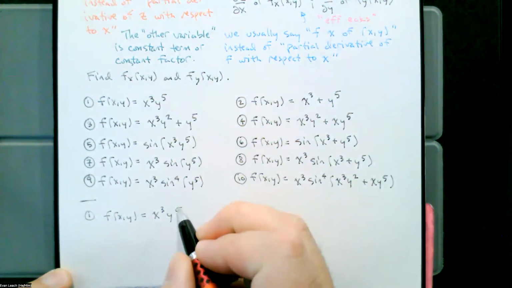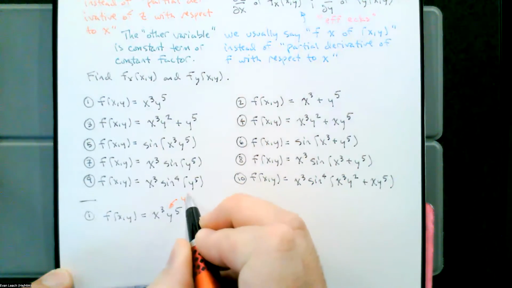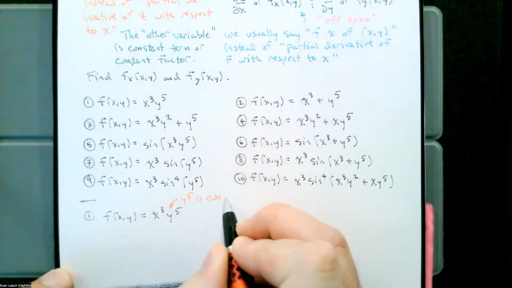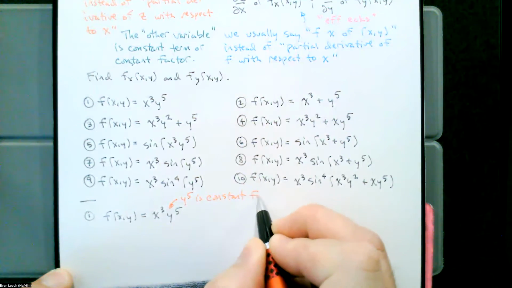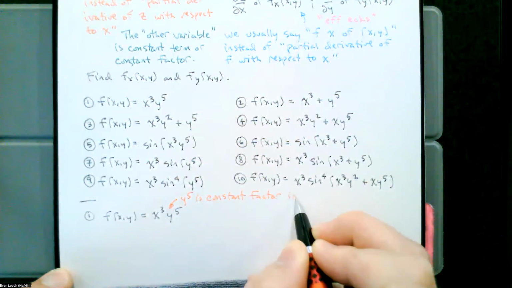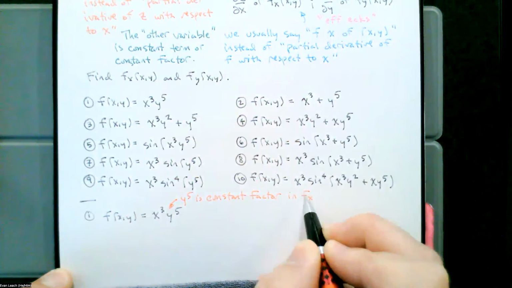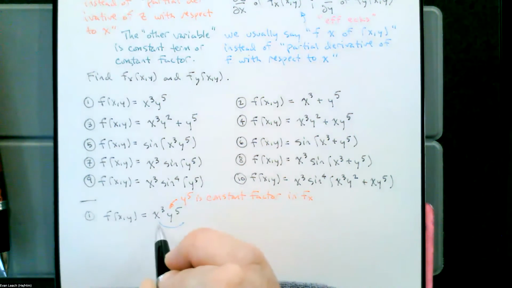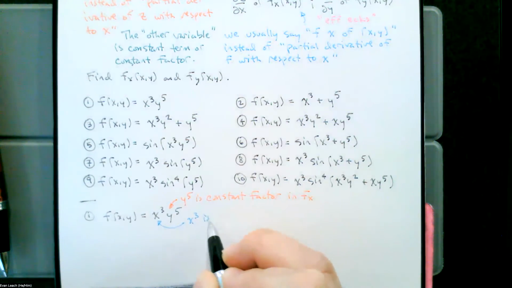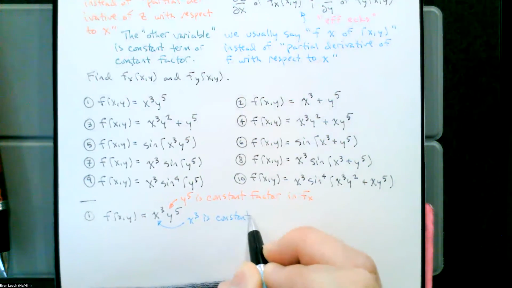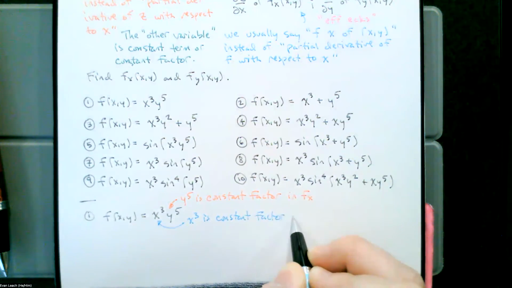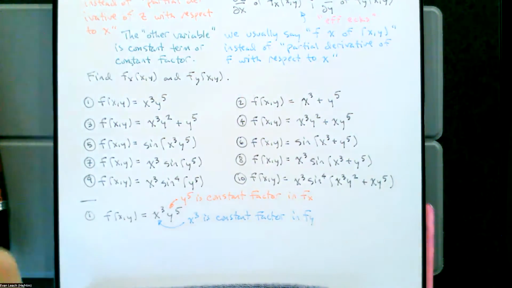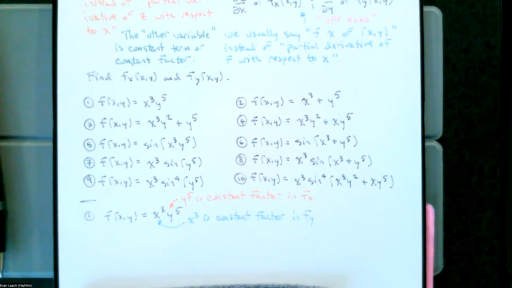Y to the fifth is a constant factor in fx. And then for fy, x to the third is a constant factor in fy.